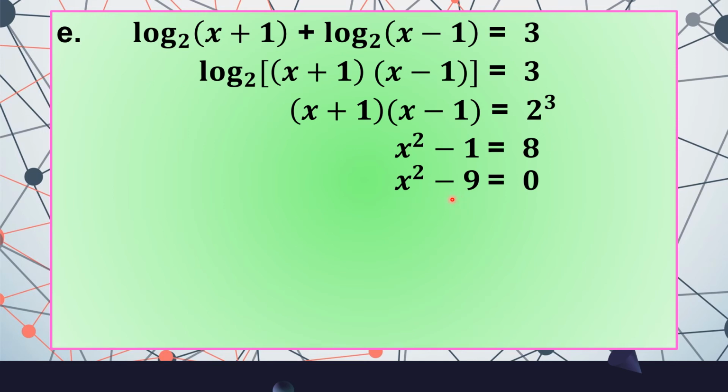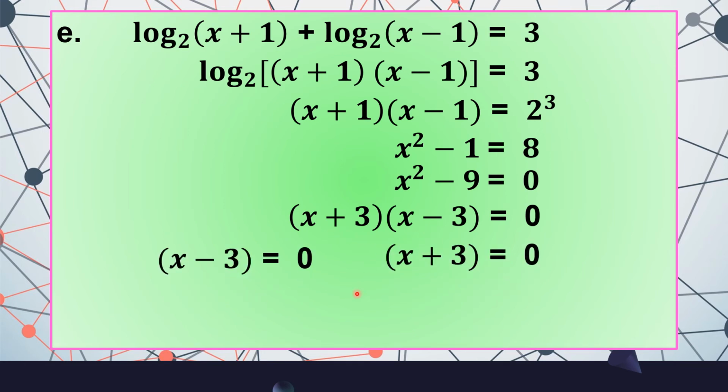So since this is a difference of 2 squares, the factors are x plus 3 and x minus 3, then equals 0. Equating now x plus 3 and x minus 3 to 0, we have x minus 3 equals 0.